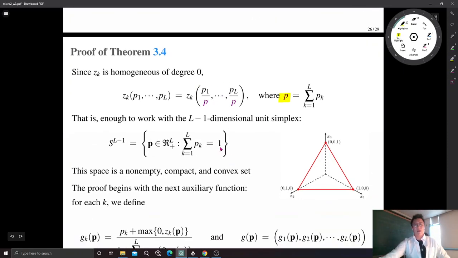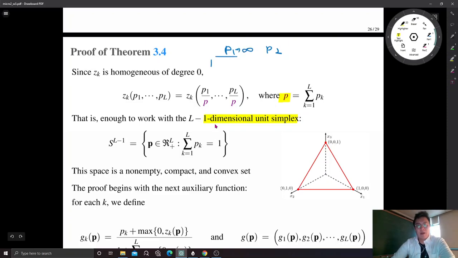Now what happens after normalization? The entire space of price vectors is going to be a unit simplex. To understand this, we start from the two goods case. In case of two goods, we have p1 and p2. Once again, each price has no upper bound. It may go to positive infinity.